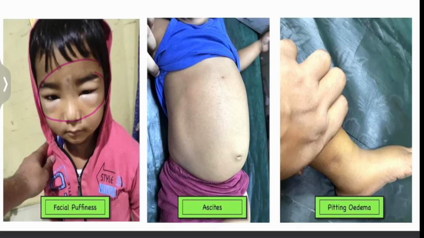When there is out of proportion abdominal distension, it is liver disease. And you can get pitting edema, classically seen in heart failure and also in patients with hypoproteinemia.